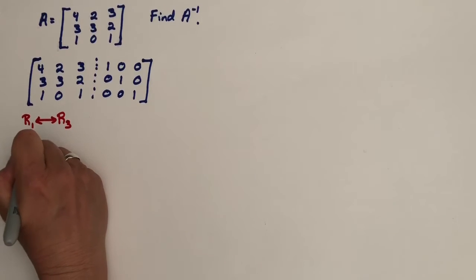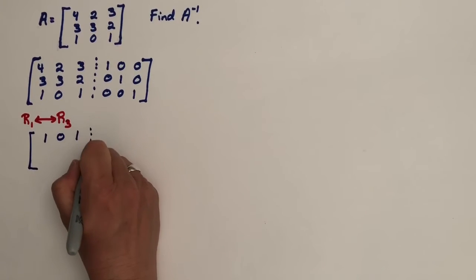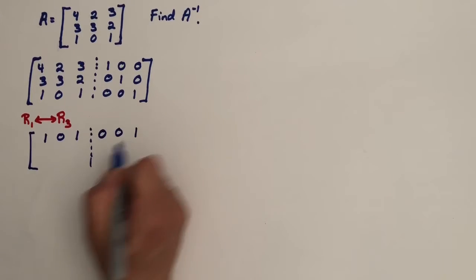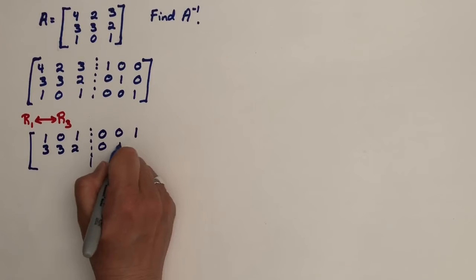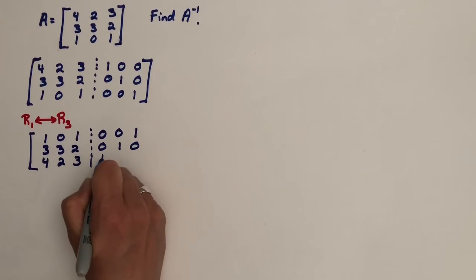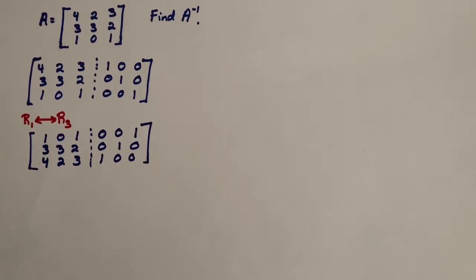So my new matrix is 1, 0, 1, and make sure these come along with it, 0, 0, 1, 3, 3, 2, 0, 1, 0, and 4, 2, 3, 1, 0, 0. Okay, so we have our 1 here.